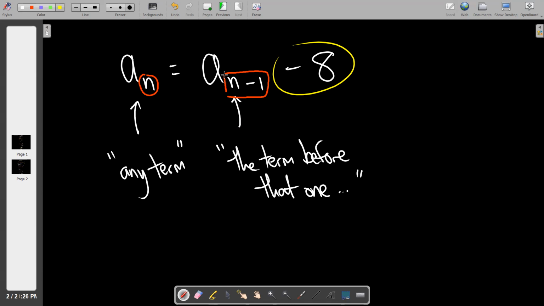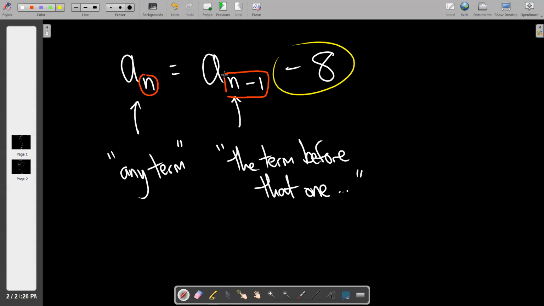So just think, if I just put some random term up in the middle of the sequence, like the 100th term, and I said it was 54, you'd be like, the term that came right before it was 8 more than that.